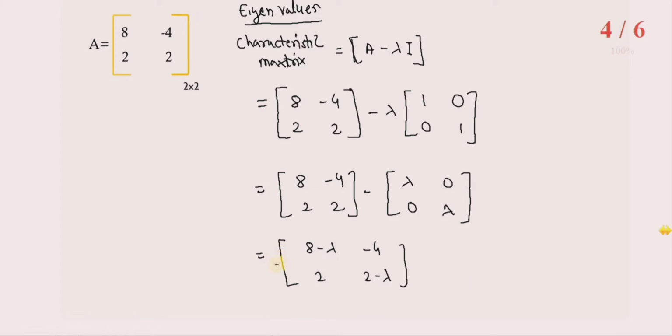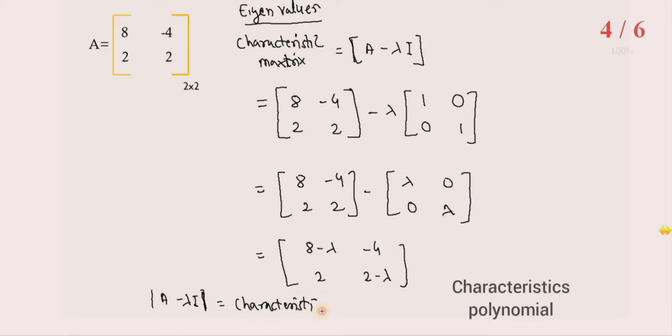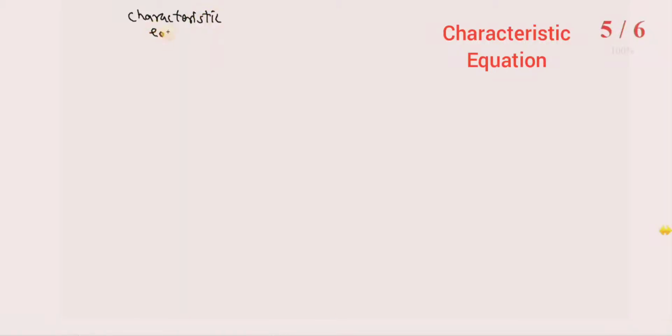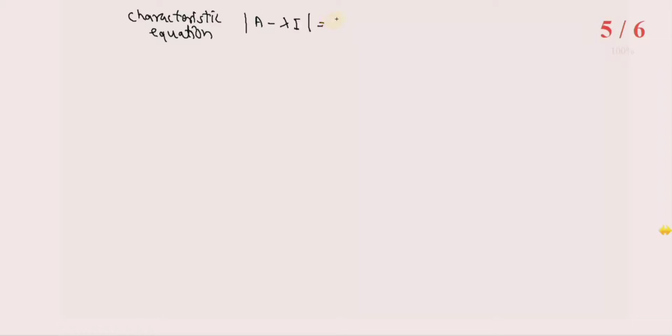If you take the determinant of this characteristic matrix, A minus lambda I, it is called the characteristic polynomial. And if you take the characteristic polynomial equal to 0, that is the determinant of A minus lambda I equal to 0, then we get the characteristic equation.